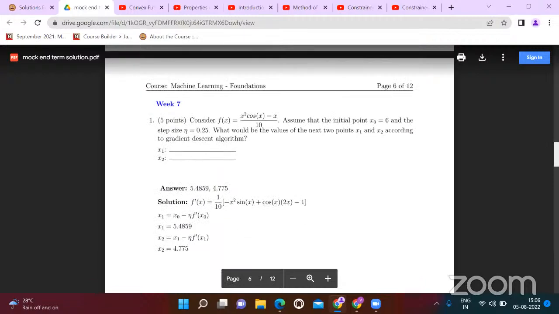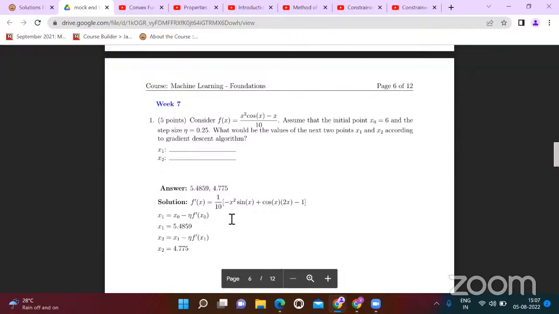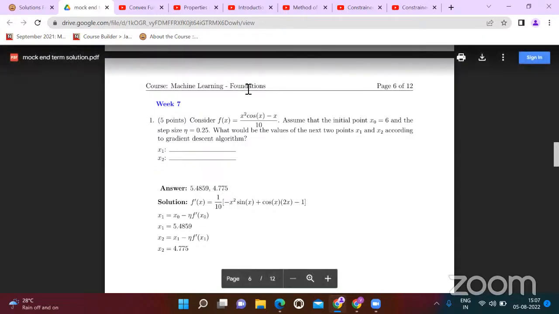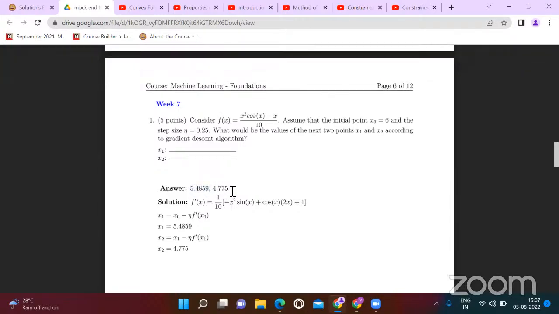For this problem, my answer is 5.48 and 4.64, but in the portal it is showing 5.4859. Don't worry about that. This is for the mock, and we didn't give the range. In the starting we thought of giving the range too, but maybe in the hurry we released it with the exact answer.